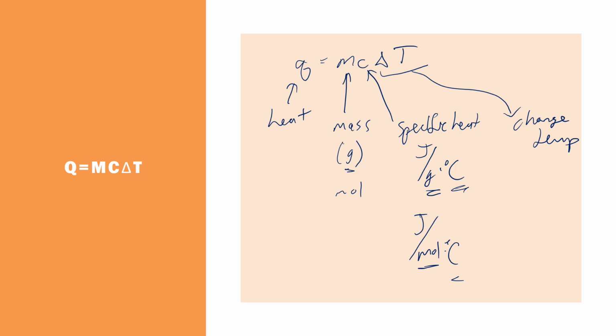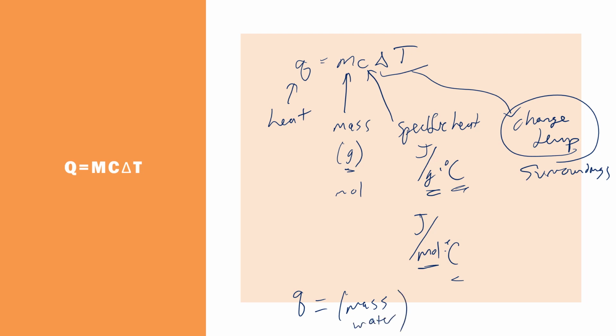Now, when you're doing the calorimetry, remember that your thermometer is picking up the change in temperature of the surroundings, and it's usually in water. Not always, but usually. So if you are calculating for a calorimeter, for the Q that you calculate, you want to use the mass of the water and the specific heat of the water, because you're measuring the change in temperature of the water.